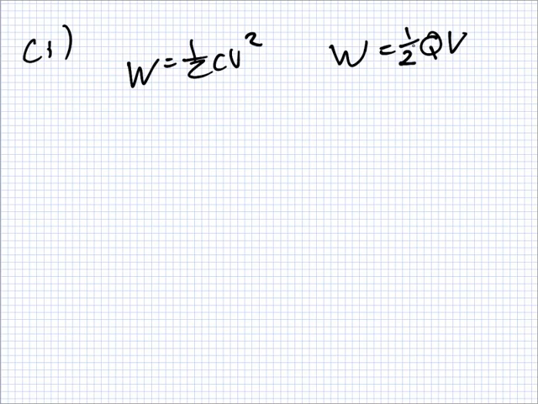No square. Yeah, these are the two formulas. So it's a half times Q, which they give us, and the voltage, 80.